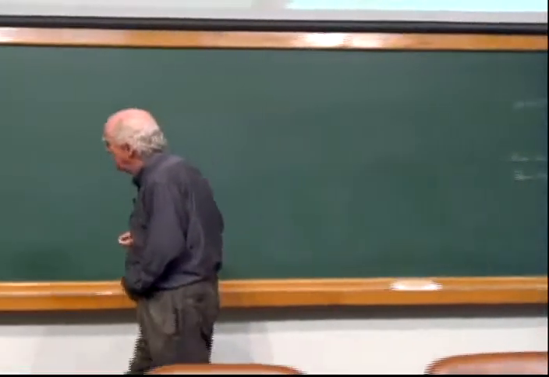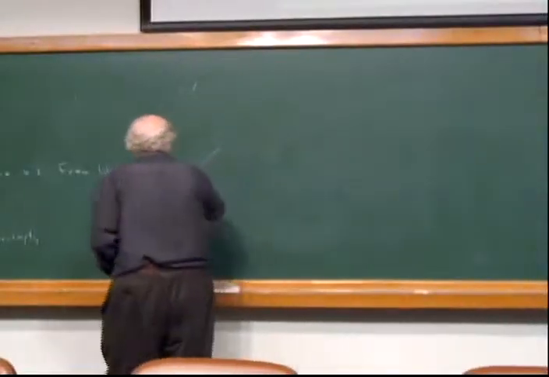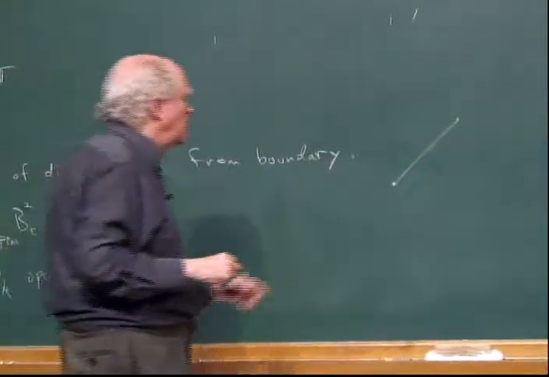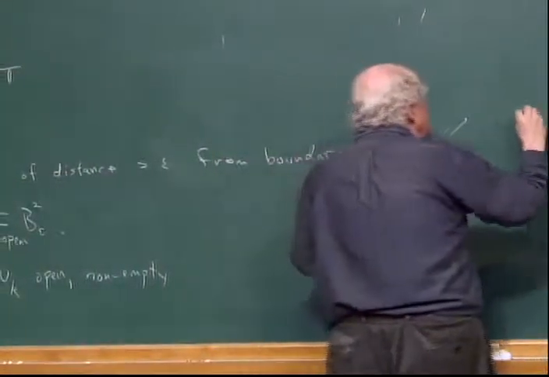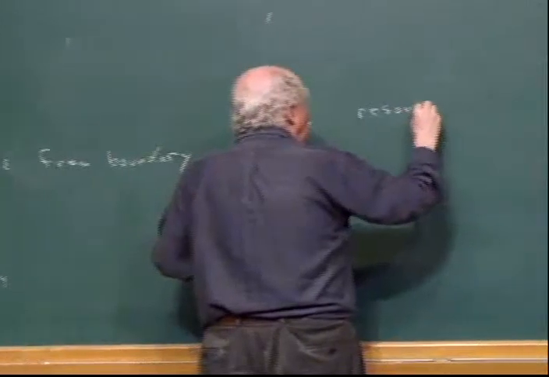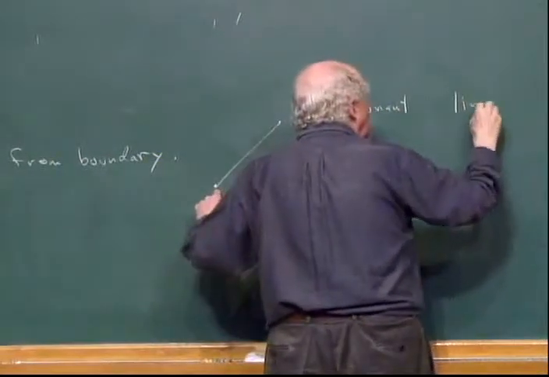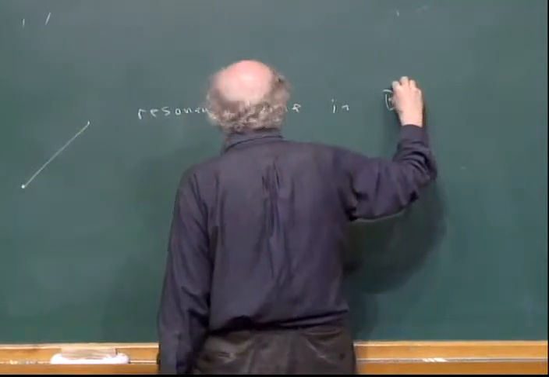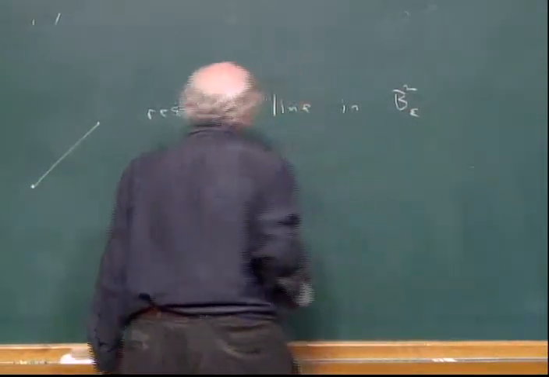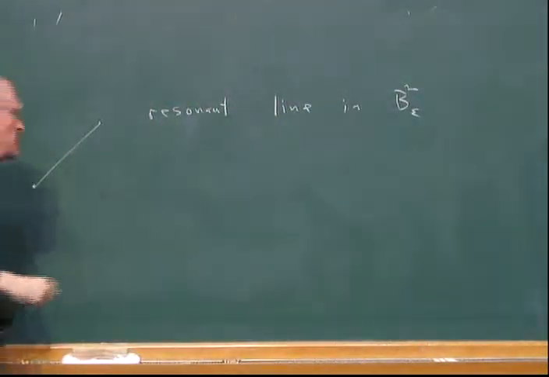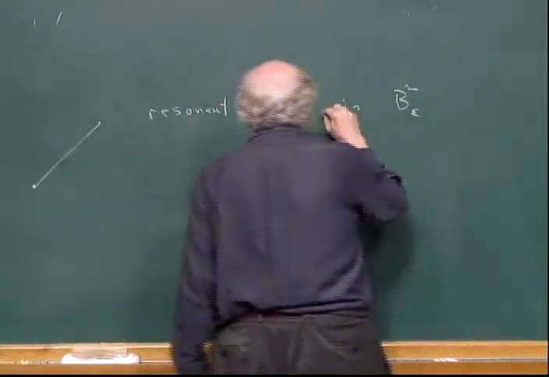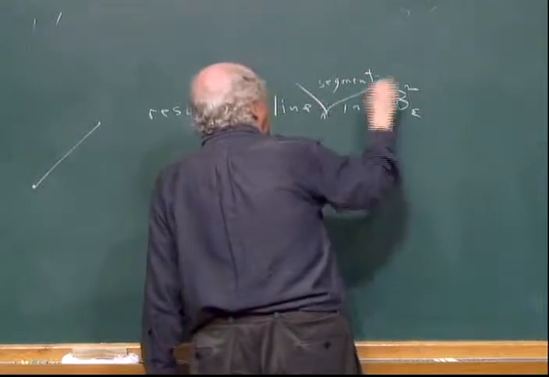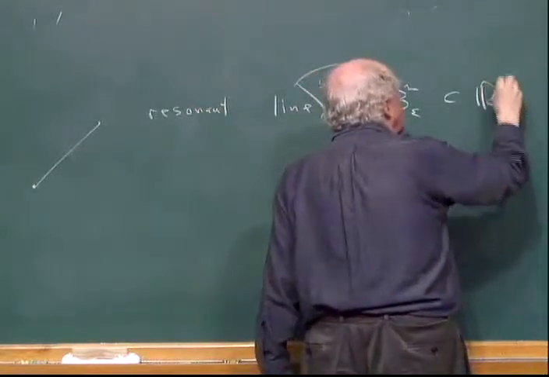I take a line, so the intuitive idea is I take a resonant line in B2 epsilon, where B2 epsilon is contained in R2.